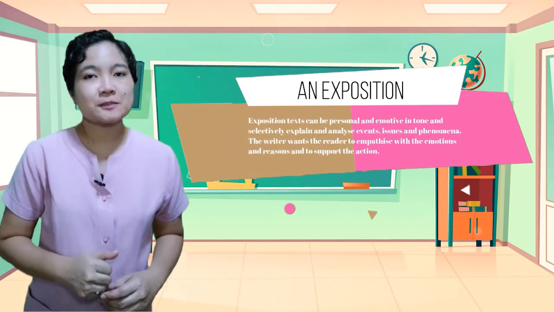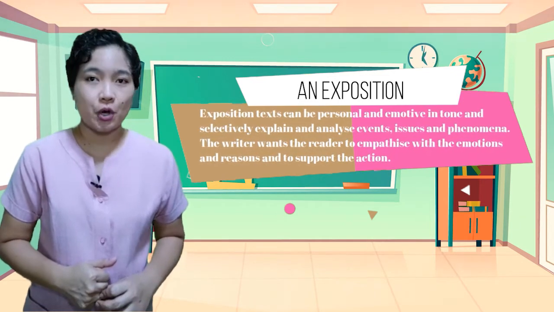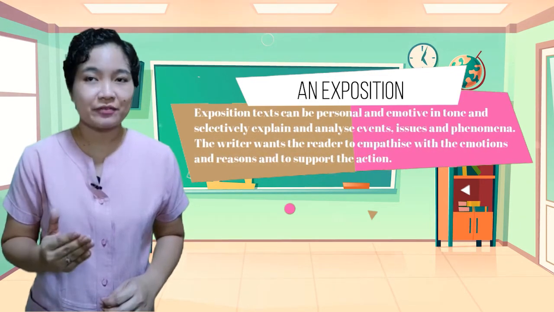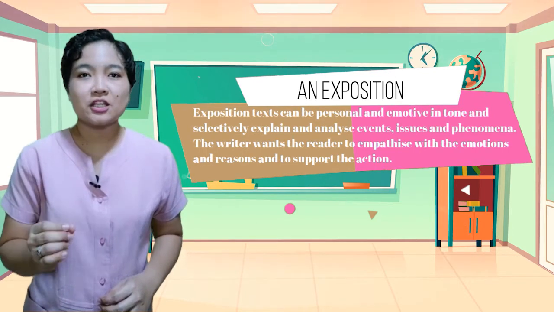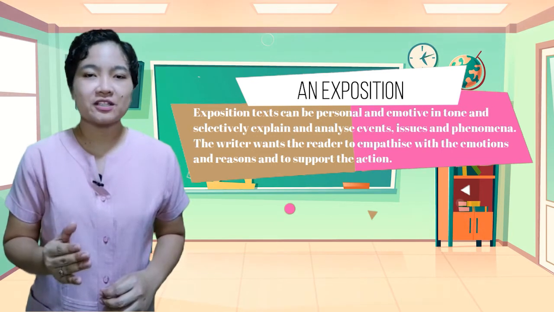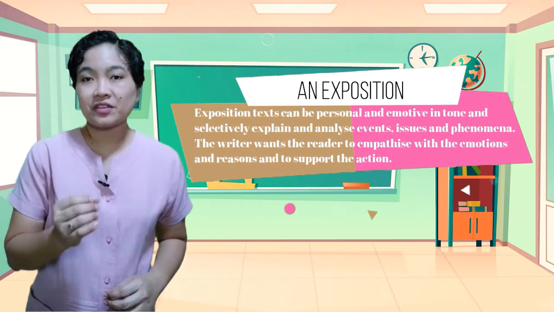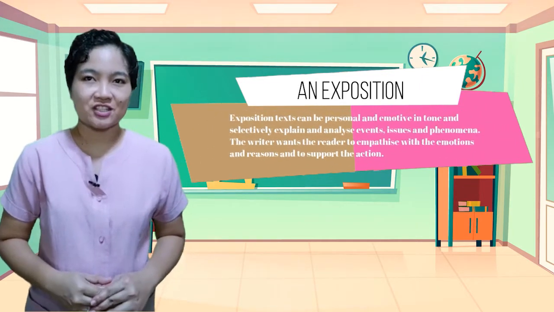Remember, exposition texts can be personal and emotive in tone, and selectively explain and analyze events, issues, and phenomena. The writer wants the reader to empathize with the emotions and reasons and to support the action.